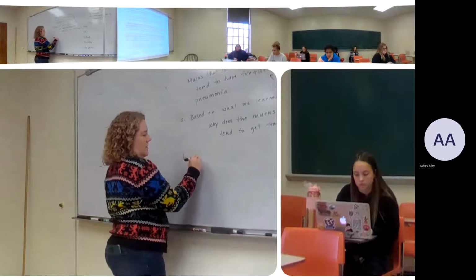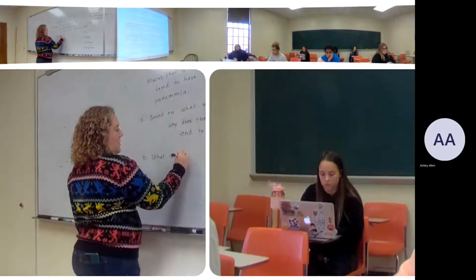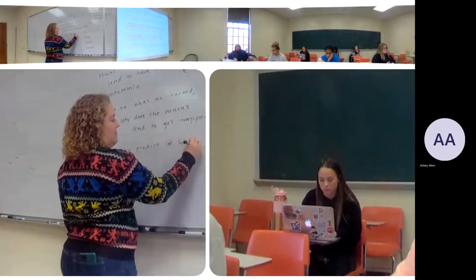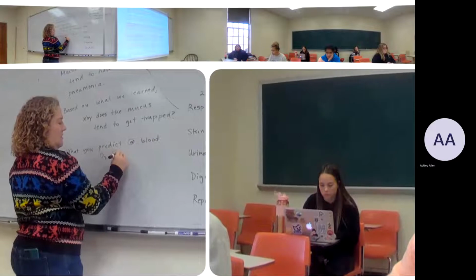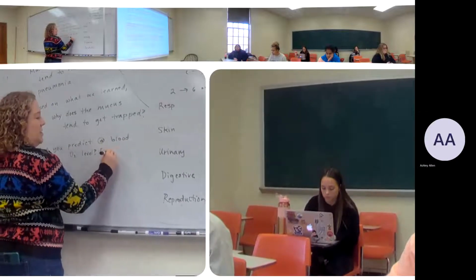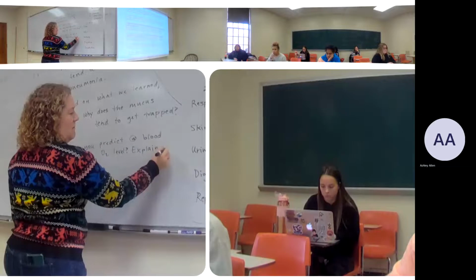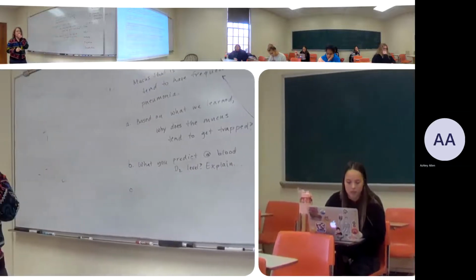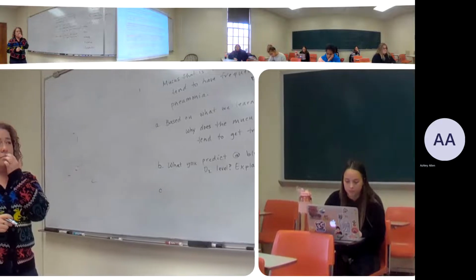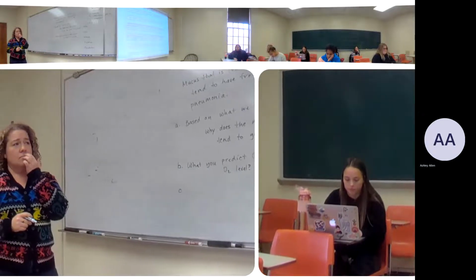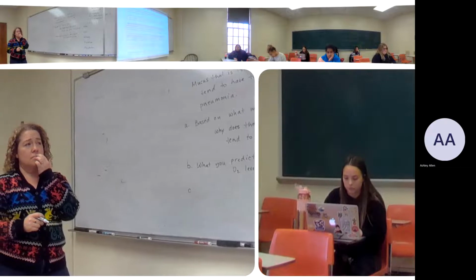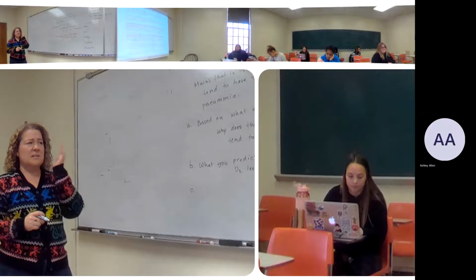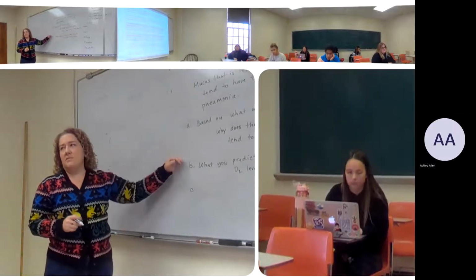B part. What would you predict about their blood oxygen? And then explain why. Question C might be something else related to breathing difficulties.